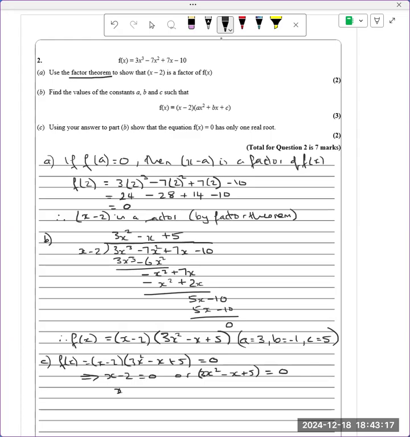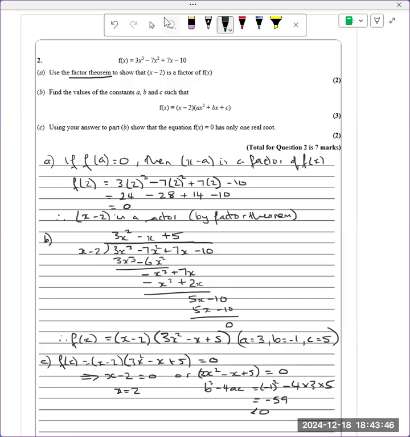Now this gives us x equals 2, but here we need to consider the discriminant b squared minus 4ac, which is minus 1 squared minus 4 times 3 times 5, which is 1 minus 60, which is minus 59, which is less than naught.